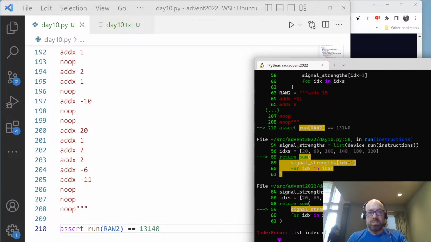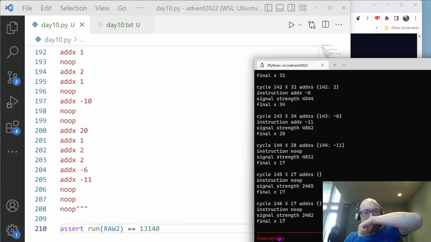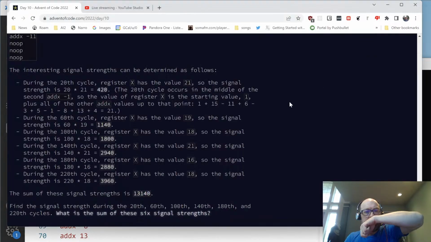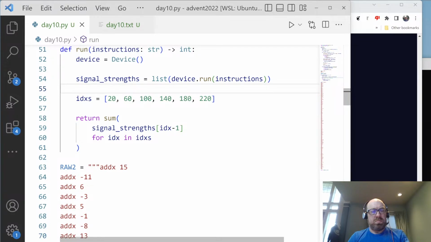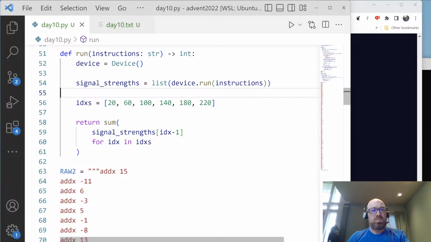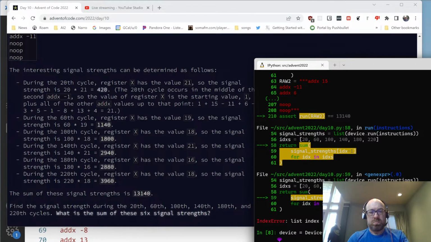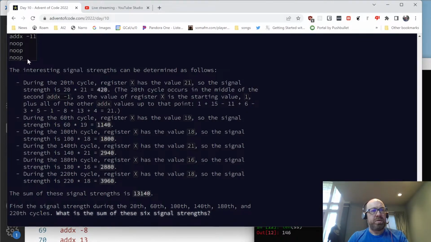I doubt it'll work, but we can try it. 146. So why is it only 146?